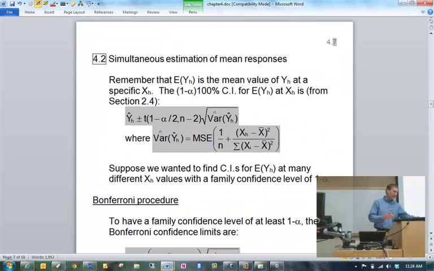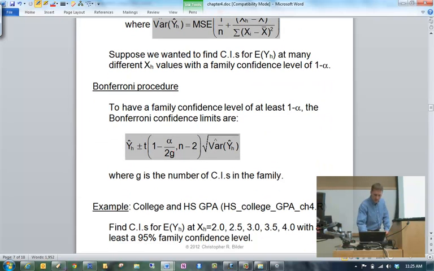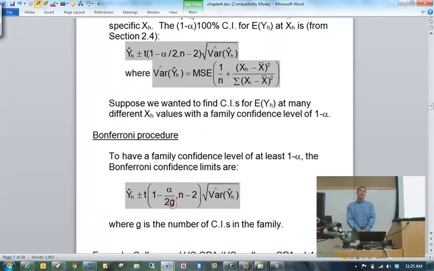Now this next stuff just basically follows from what we just talked about. We had a set of confidence intervals for the betas. Suppose you want now confidence intervals for the expected value of y, and you want to control the overall family-wise confidence level. Well, how would you do that? As you would expect, if you use a Bonferroni procedure, you put a G in the formula that we had previously.